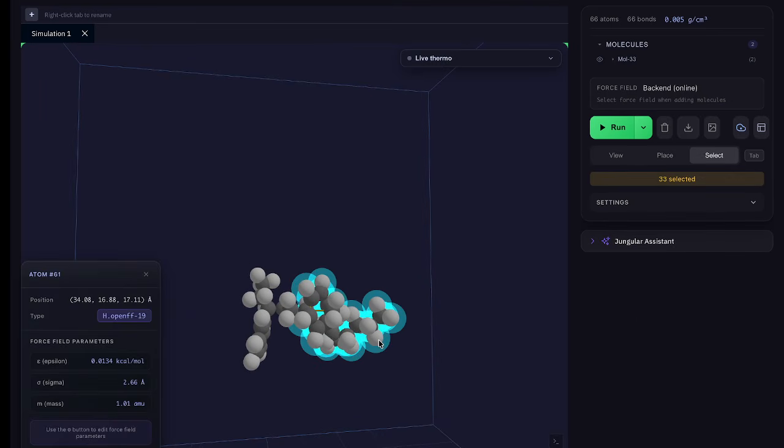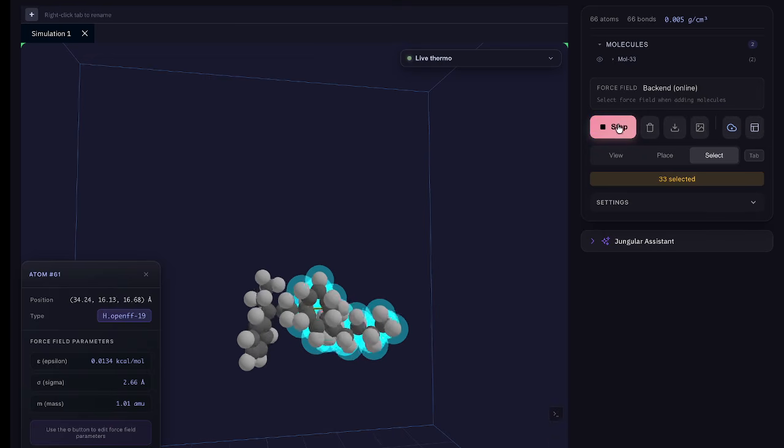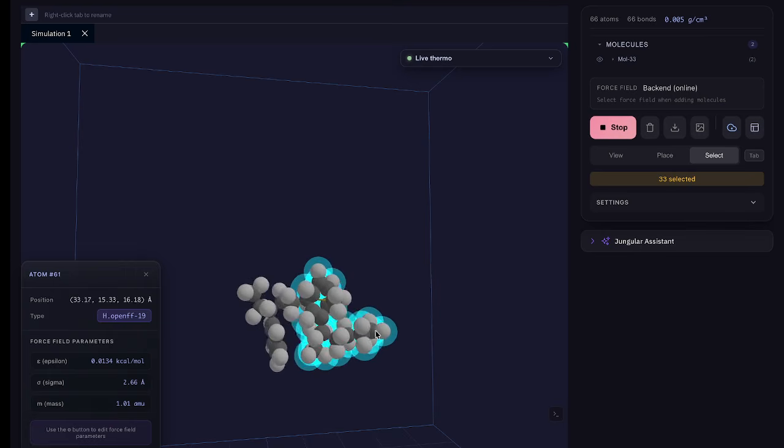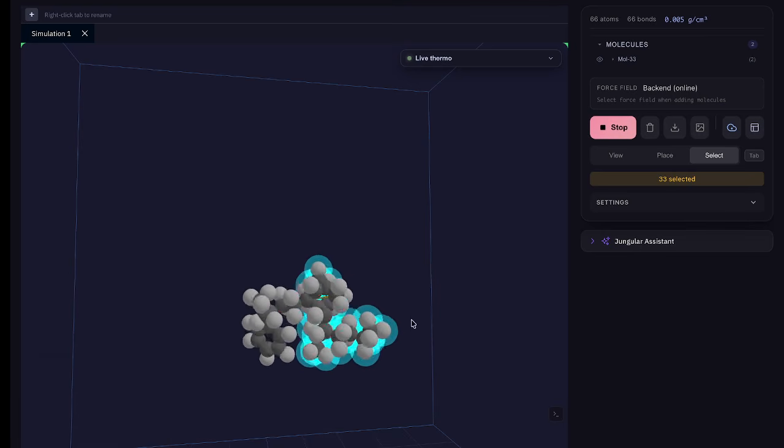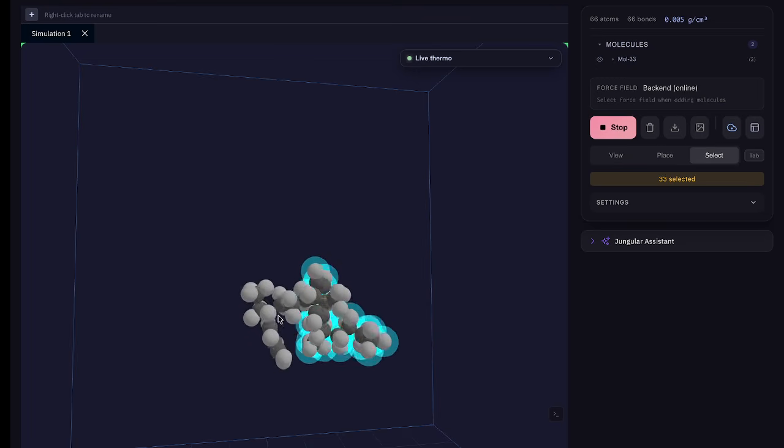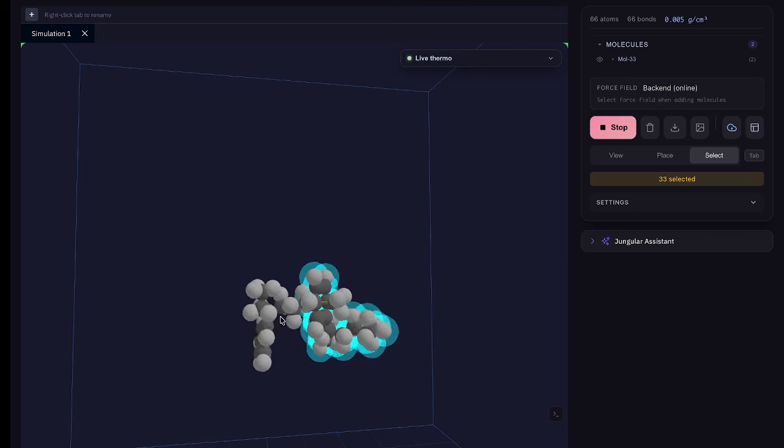I can highlight one of them and run a simulation, and you will see what I mean. These two molecules get stuck together, there's really no way to escape this configuration, and this is clearly not a very physical state.